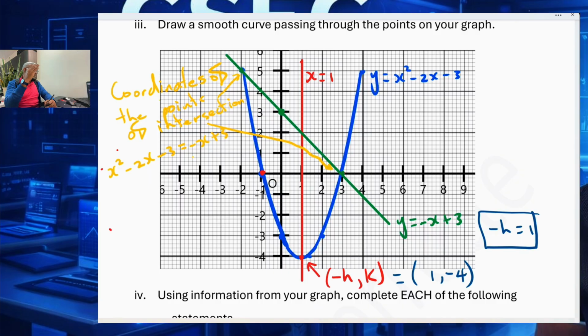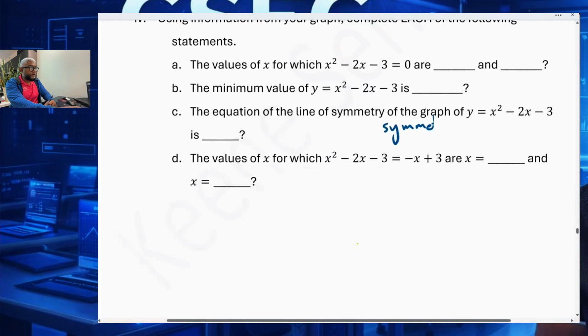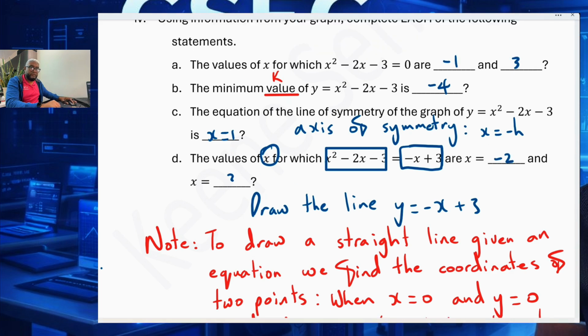Those will be the coordinates when the quadratic is equal to the line, right? So the values of x would be, coming down here, boom, negative 2 and 3. Well, we on 3 itself, right? We on 3. Okay? So that will be the x values for which the quadratic is equal to the linear. So negative 2 and 3. How we feel it now?